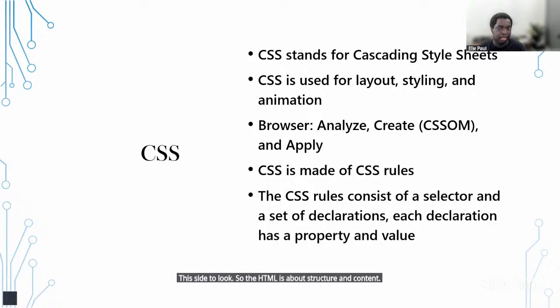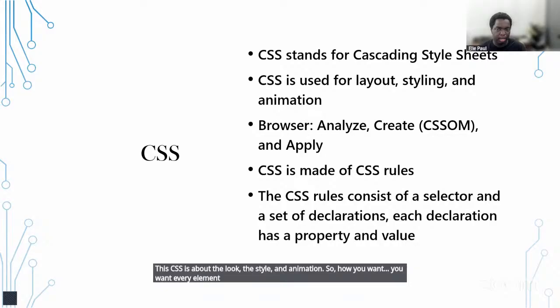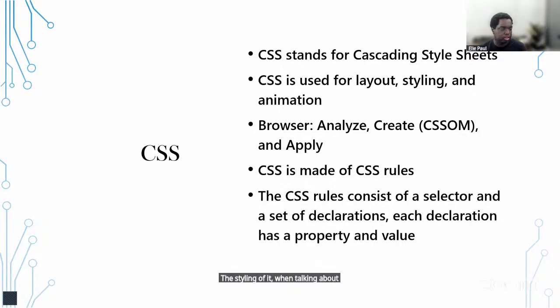CSS is about the look, the style, and animation. So how you want every element positioned on the page. That's what we talk about, the layout, the position of a button, the position of the form, and the styling of it when talking about which font, which color, and which background.